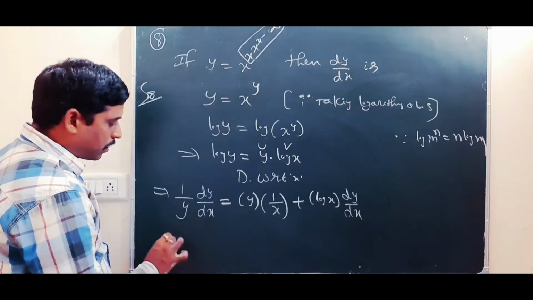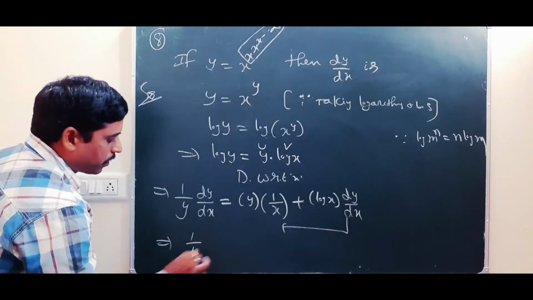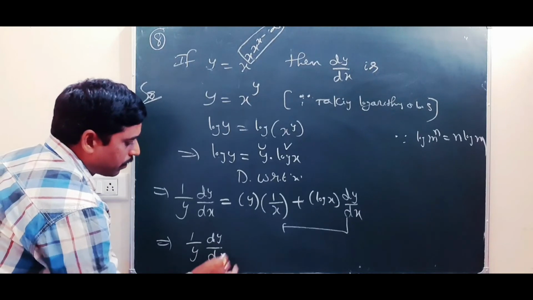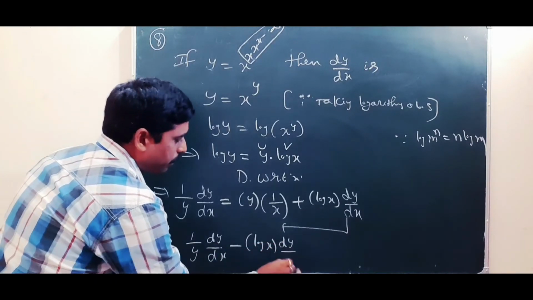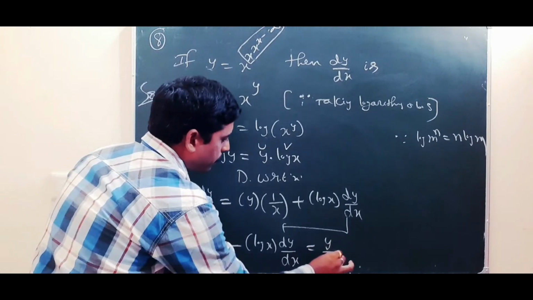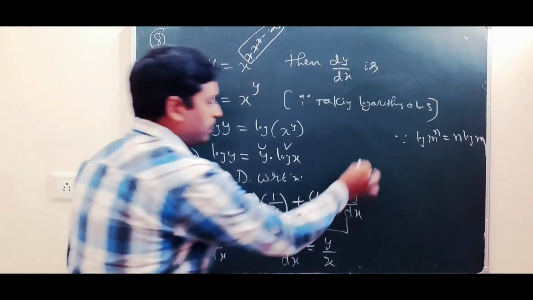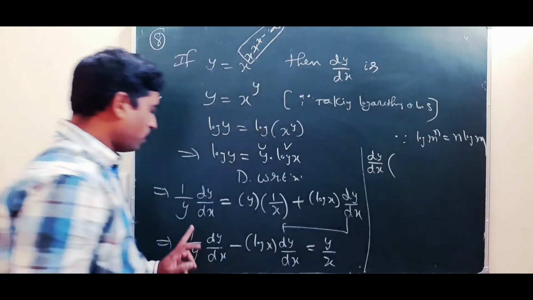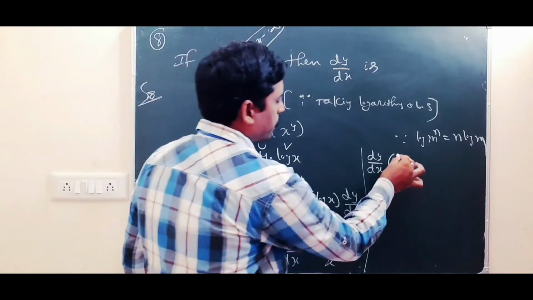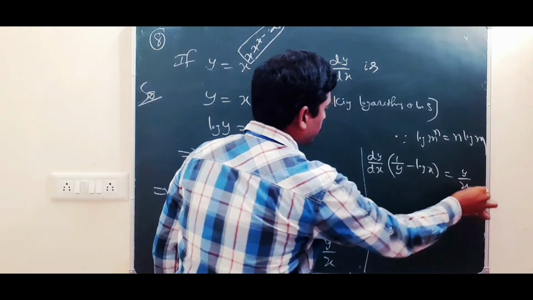Okay. So our target is dy by dx. This dy by dx term brings to the left side. So 1 by y into dy by dx minus log x into dy by dx equal to y by x. From here, take dy by dx common. Dy by dx into 1 by y minus log x is equal to y by x.